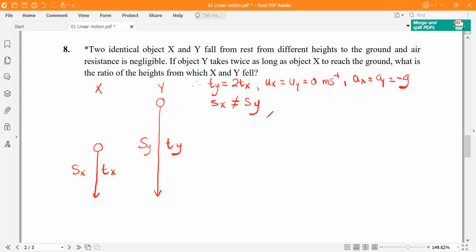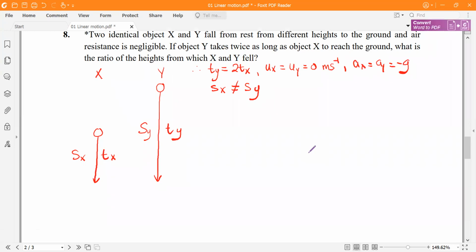So now, if I were to find the height dropped by object X for a time of Tx, what is the formula I can think of? The formula which relates the distance, the time, and the acceleration due to gravity.